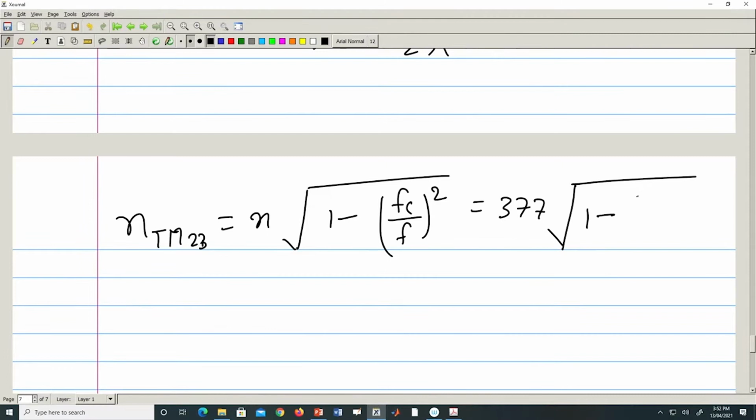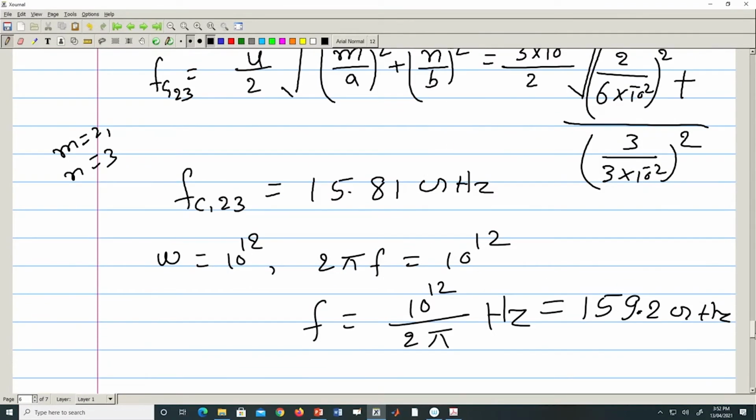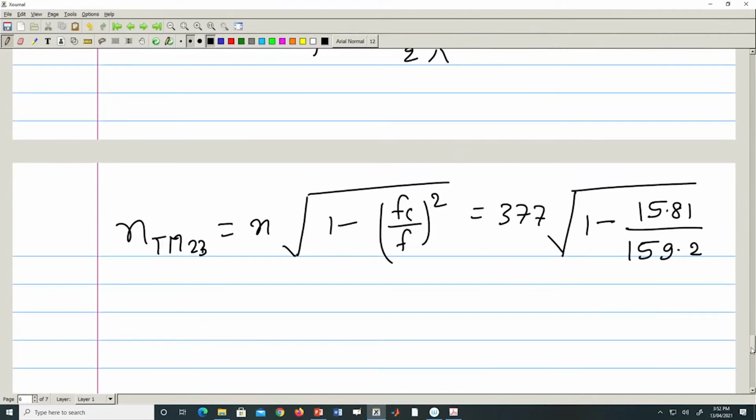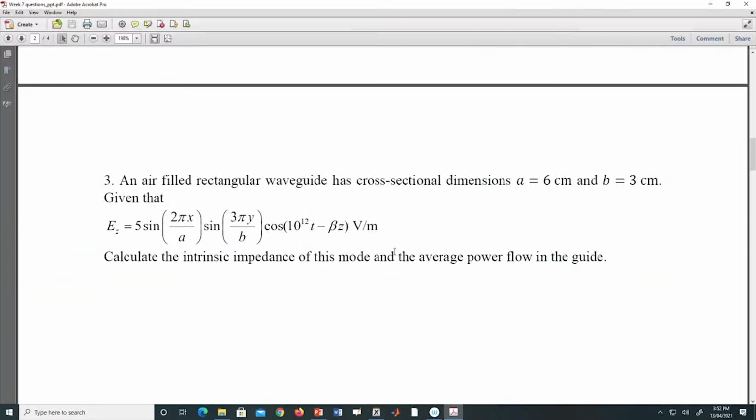Fc we have calculated as 15.81, divided by the operating frequency 159.2, and whole square. This will give 375.1 ohm. So, this is the solution for the first part.